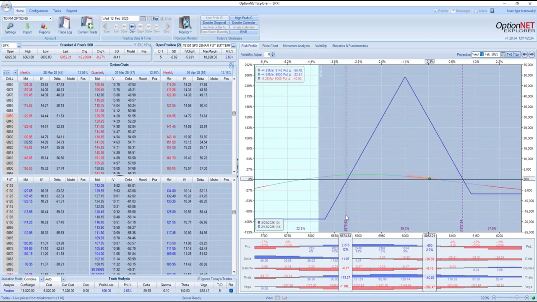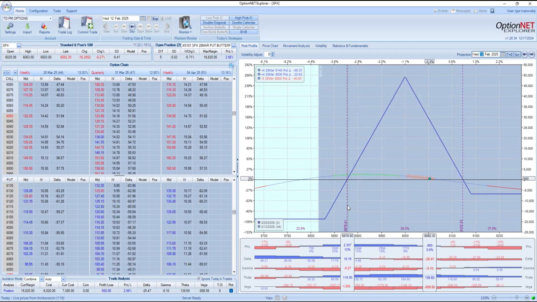Maybe 5,880. Right, there's a 20-point window where the price is now leaving the tent. Set a price alert on SPX, that if we're below 5,900 or below 5,880, send me an alert.